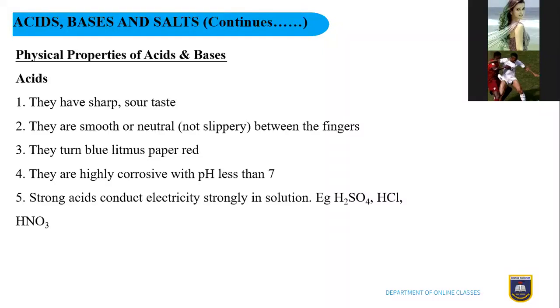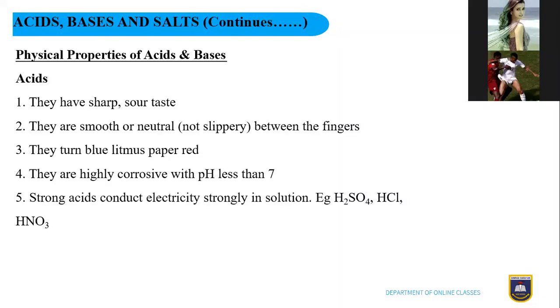Now, they are highly corrosive, with pH less than 7. All acids are corrosive. Of course, you know that acids are highly corrosive, and the concentrated ones are more corrosive than the dilute ones. The concentrated ones, meaning water has not been added to them, are more corrosive than if you add water to them.